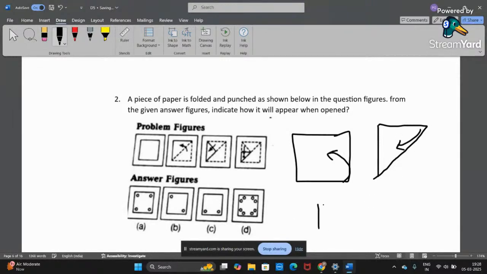Then it will look like, imagine this. First it is folded like this, again it is folded like this. After folding like this, it will look somewhat like this, right? So here they are making a hole.